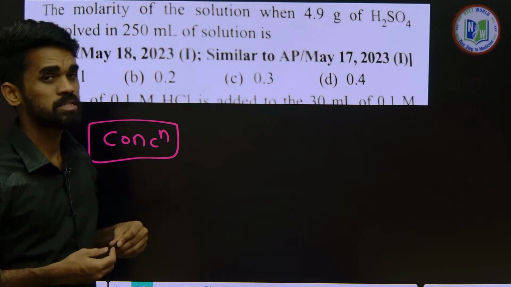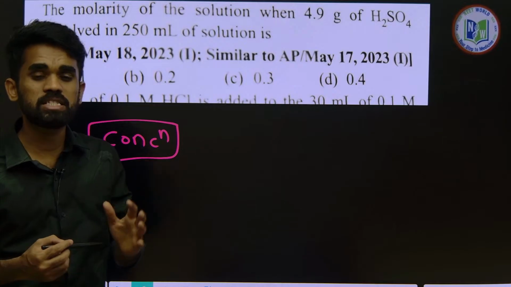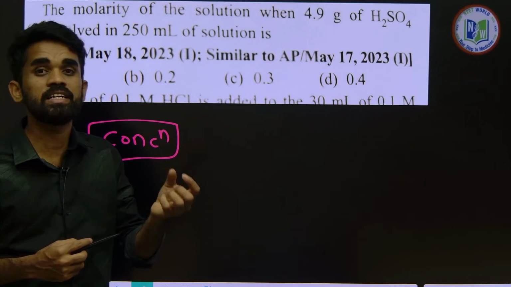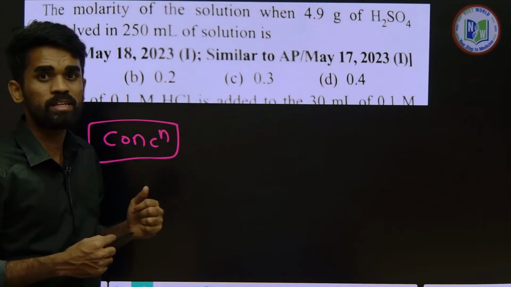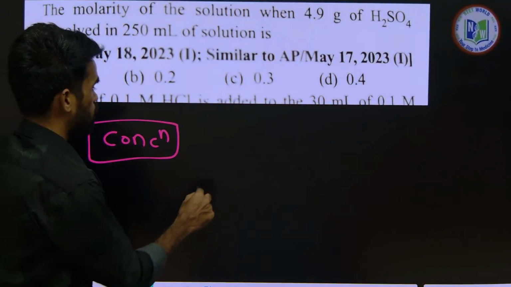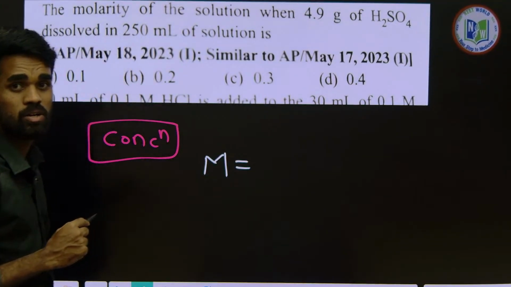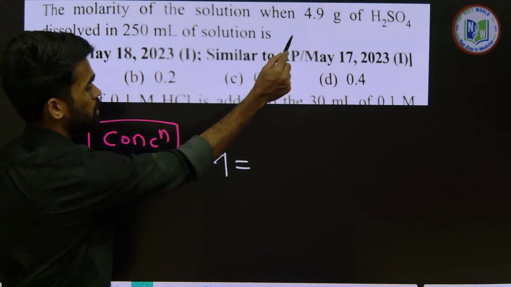Because chemistry is discussed with chemicals only, we need to express how concentrated it is. For that purpose we definitely require these terms, especially molarity, molality, normality, mole fractions, these are very important.